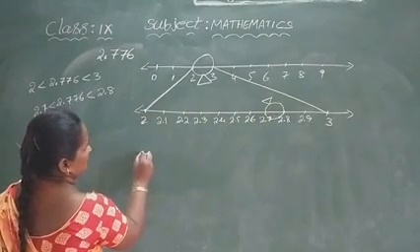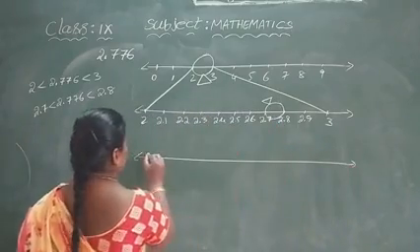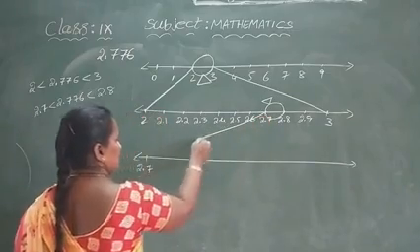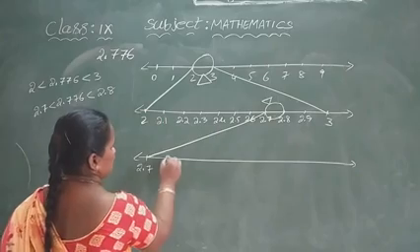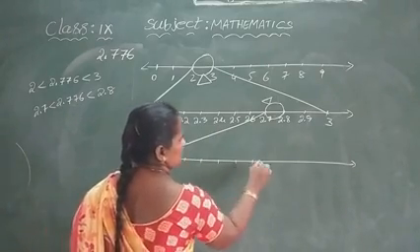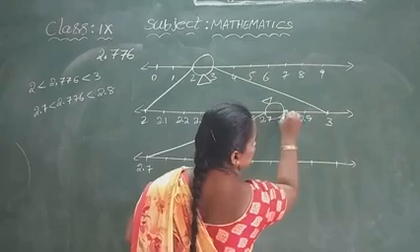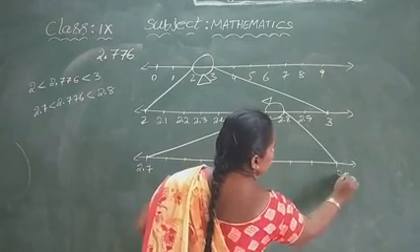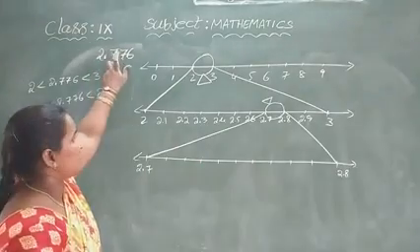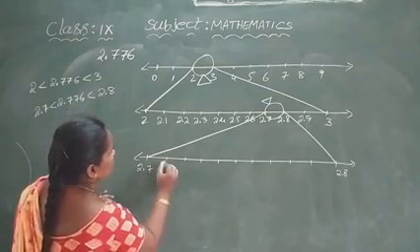Here also we take a number line. This is 2.7. Then 1, 2, 3, 4, 5, 6, 7, 8, 9 and 10. This one is 2.8. Here how many decimals are there? 3 decimals. Then here also you will take 3 number lines.